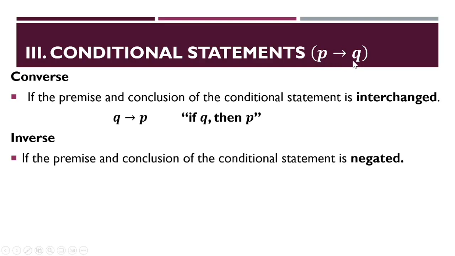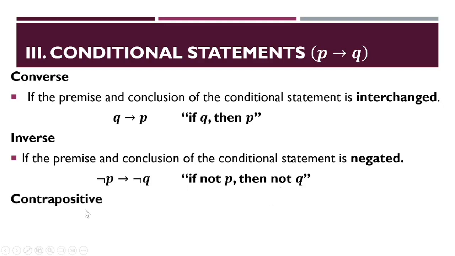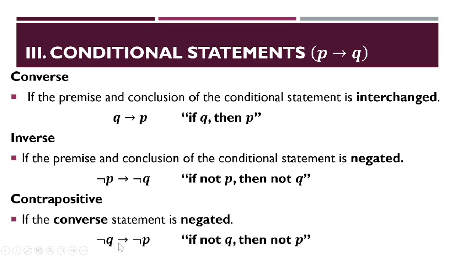So from P implies Q, we have not P implies not Q. So that is if not P, then not Q. Then we have the contrapositive, that is if the converse, Q implies P, is negated. So not Q implies not P. If not Q, then not P.